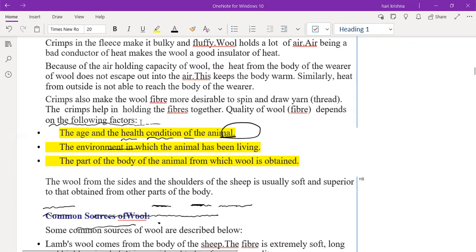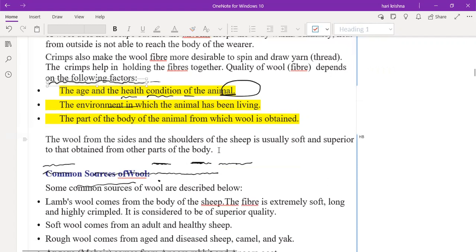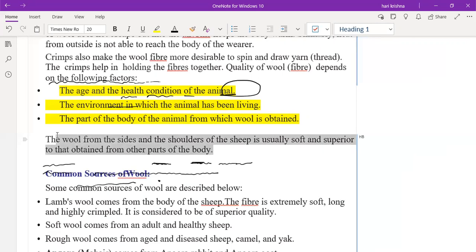There is no use of that, right? There will be another use. But if it doesn't give wool, we can take the milk. Or if you have the female animals, they are used in the reproduction of new animals.